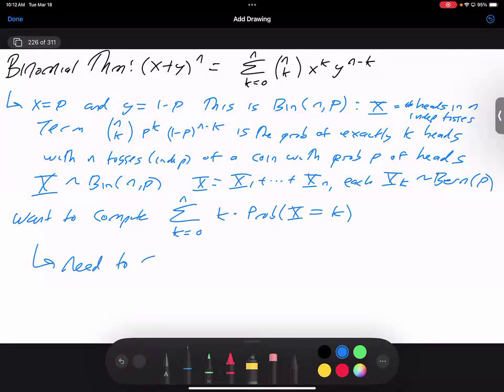So we need to study the sum, k goes from 0 to n, of k times n choose k, p to the k, 1 minus p to the n minus k.